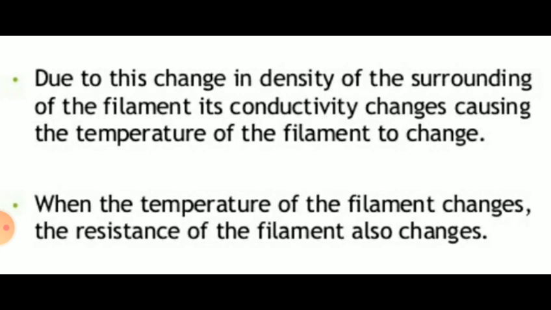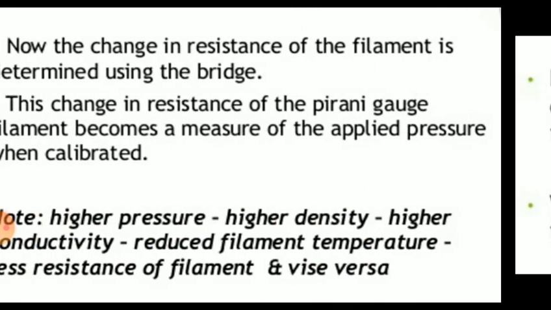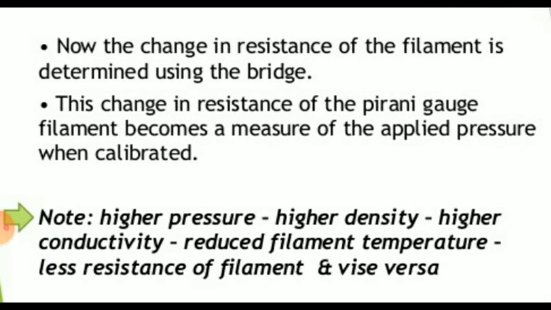And when the temperature of the filament changes, the resistance of the filament also changes, and that change in resistance can be measured with the help of the Wheatstone bridge circuit. So you can see at the bottom, when there is a high pressure, density will be higher, conductivity will be higher, and it will reduce the filament temperature resulting in less resistance of the filament, and vice versa.